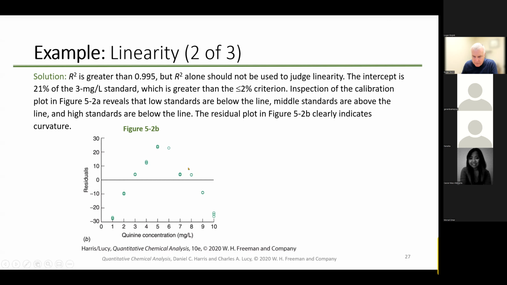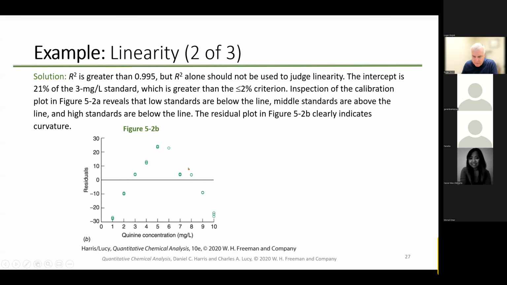Now, if you fit the calibration data to a quadratic function, in this case you get minus 2.25 x squared plus 171x plus 23.4, then the r squared value improves to 0.9998, right? Remember, the r squared doesn't care about the model.